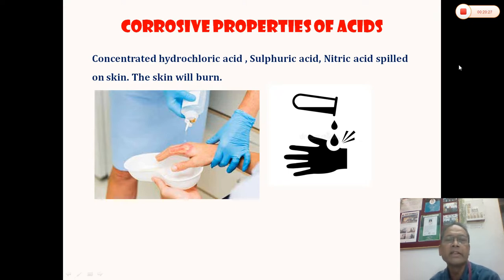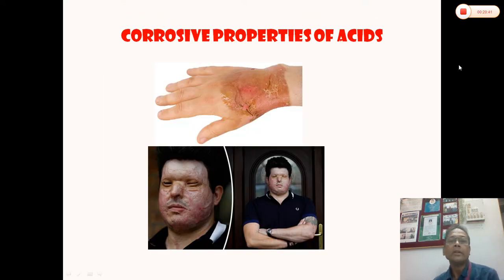Because once the skin is damaged, we cannot regenerate the skin. The skin will change its color, and a spot will permanently occur on that skin. These are some effects of corrosive acids when they fall on skin, maybe the skin of the hand or the face. It damages all these things.